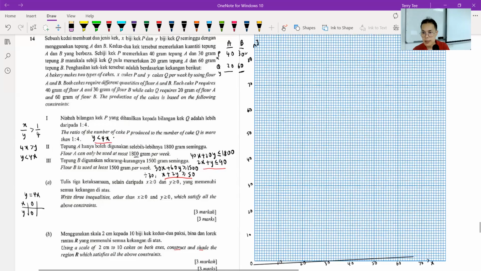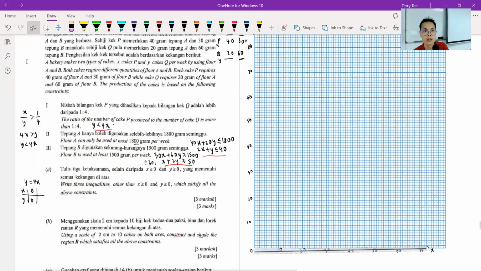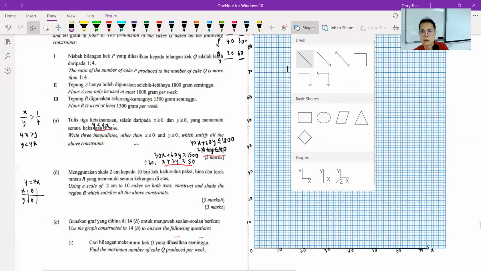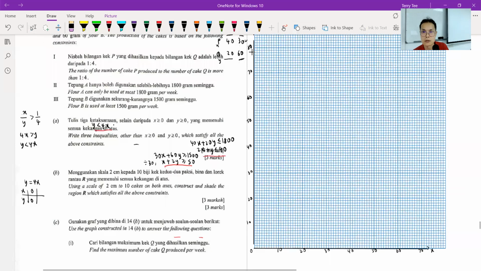Draw the horizontal axis over here. Move it up. Okay, and I draw a vertical axis over here.